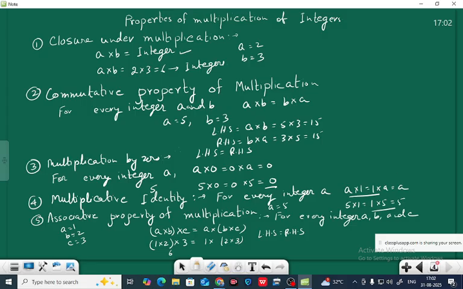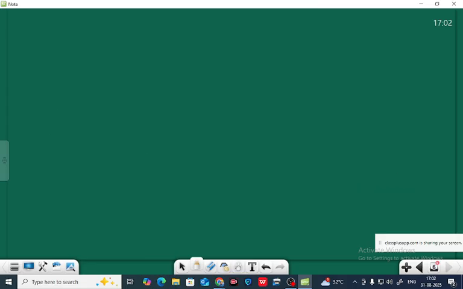Distributive property of integers. This is very much important.